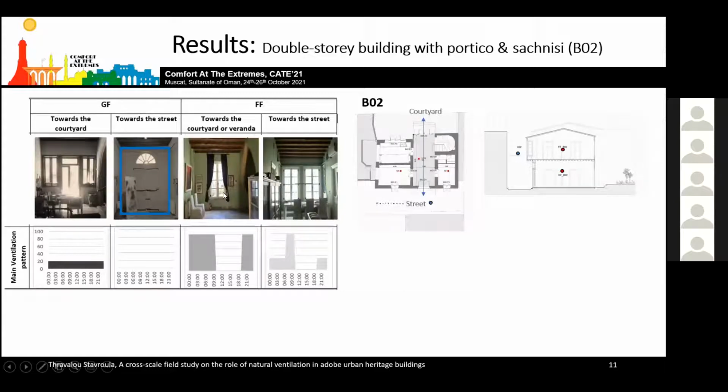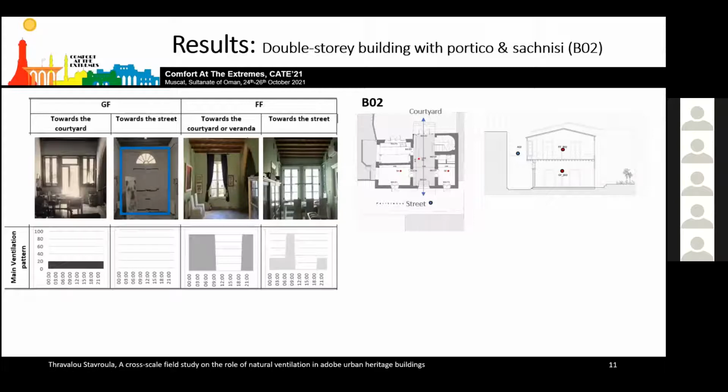The first floor portico was operated in cross ventilation mode from 7 o'clock in the morning until around 9 o'clock in the morning, with wide openings of the Sahnisi's windows and the windows toward the courtyard.